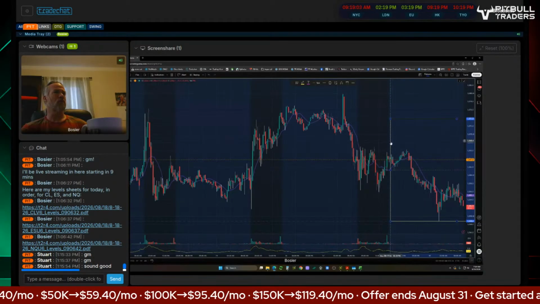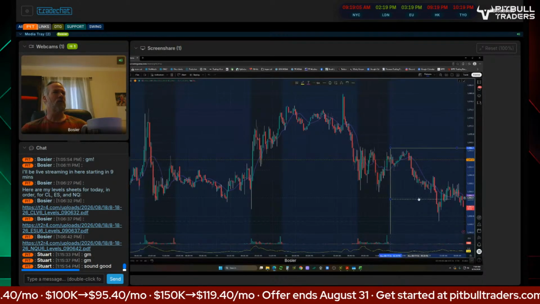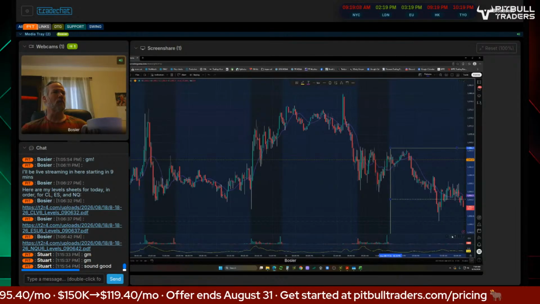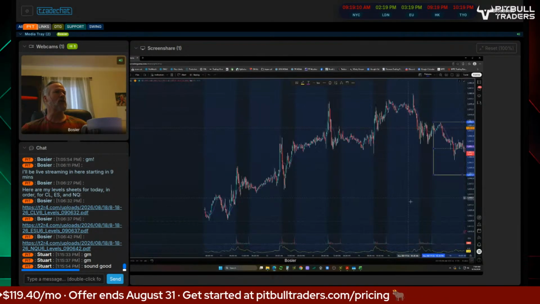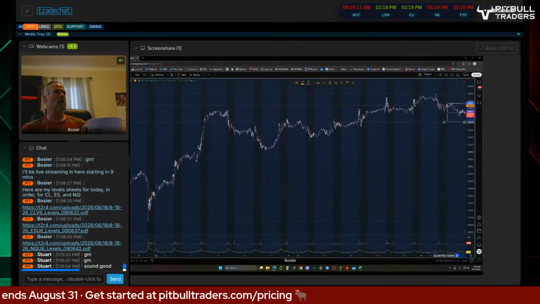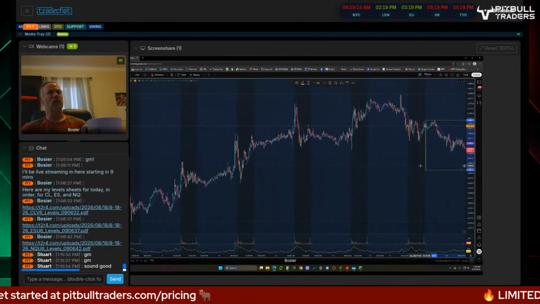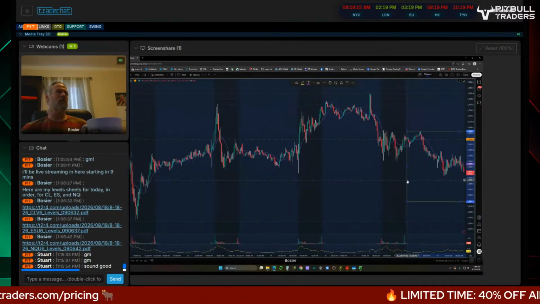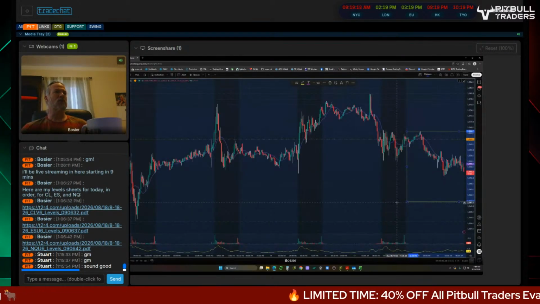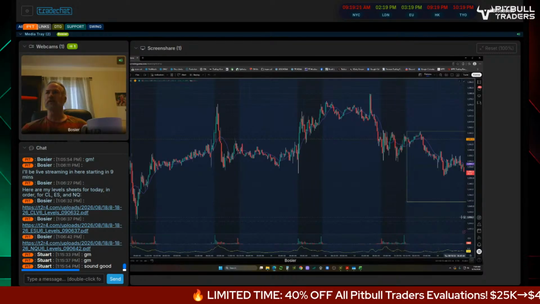Or if the overnight high is in, and that's the high of the day, then maybe we trade down into this level here, 30-40, which seems likely given the moves again that we're seeing in the bond markets.